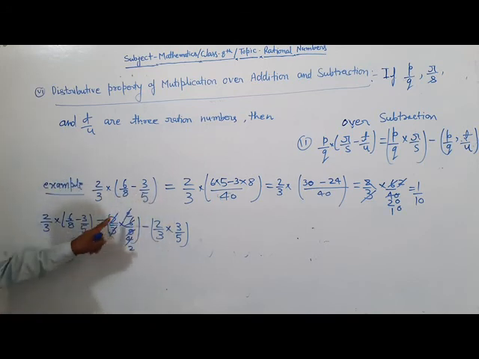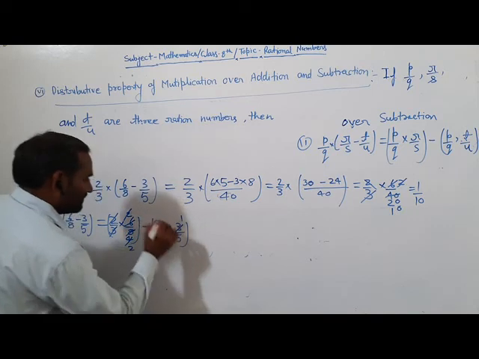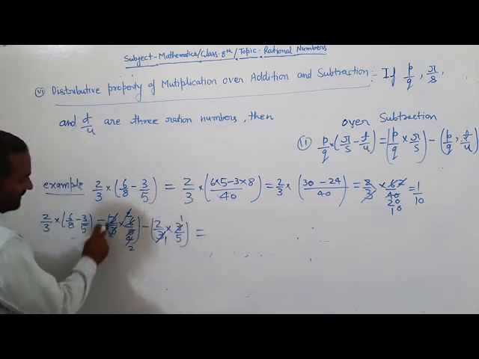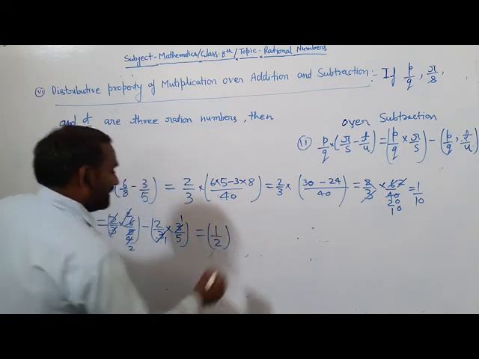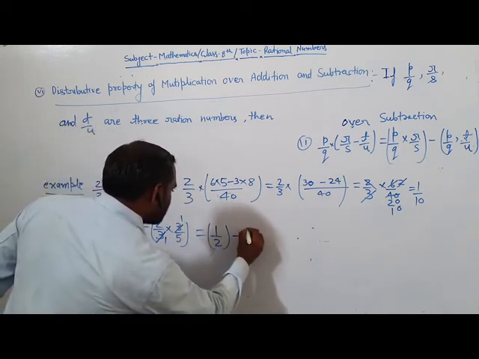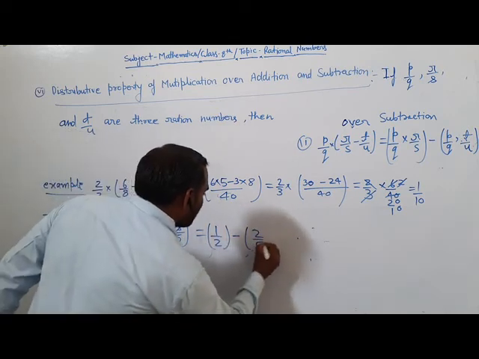Here 3 1 ja 3, we get only 1 by 2 minus 2 1 ja 2, 5, 2 by 5.